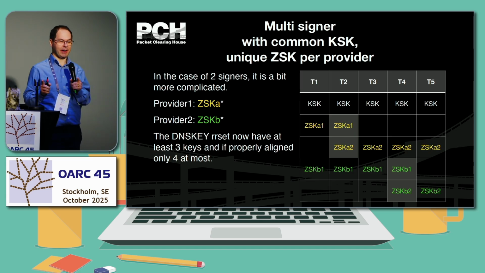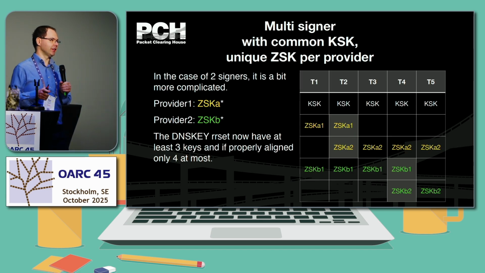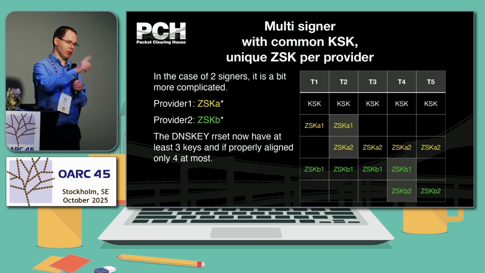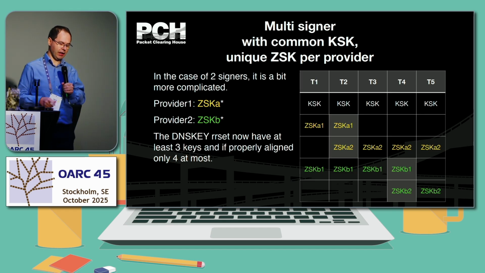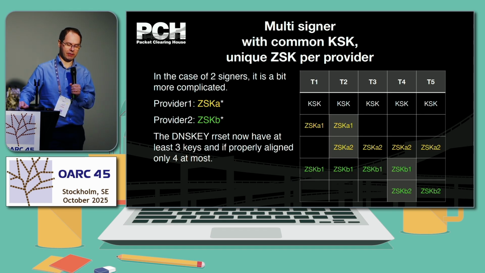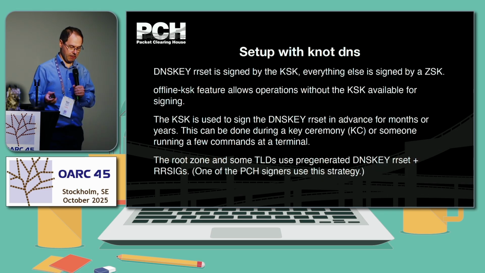The important part is that the signers need to be synchronized in a way that both signers, with the right timing, publish these keys. This is for future reference in the slides.